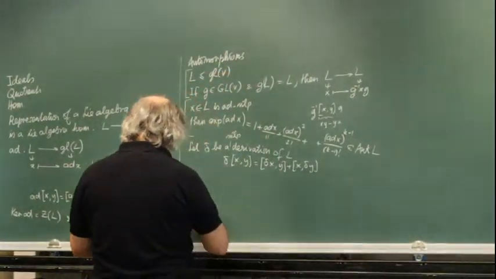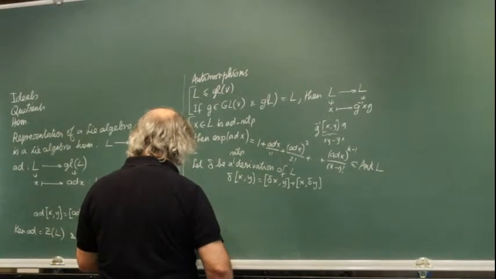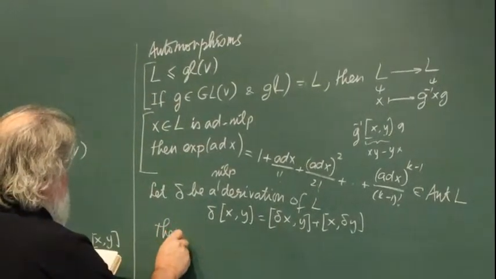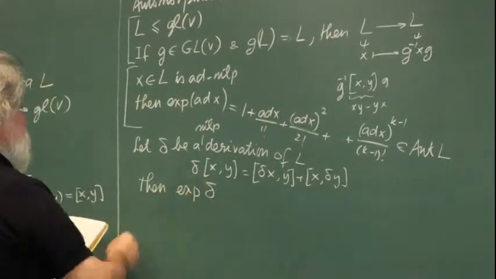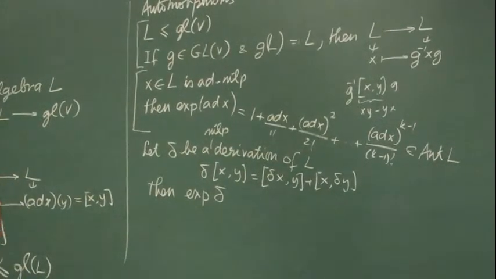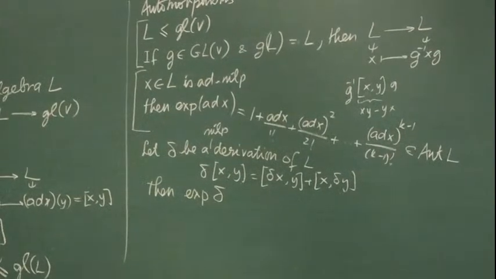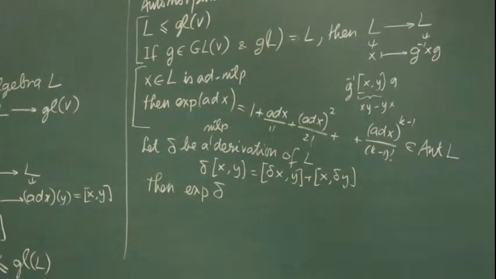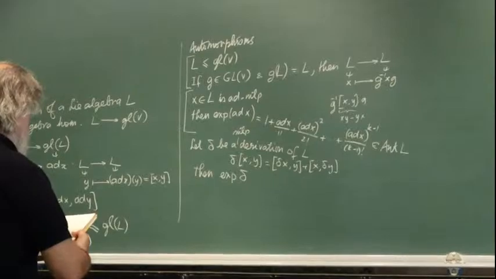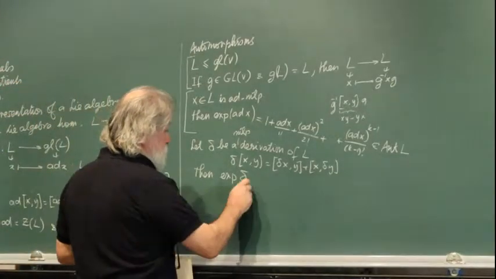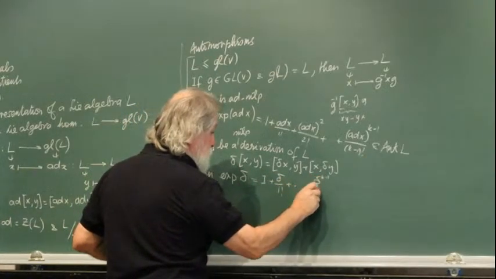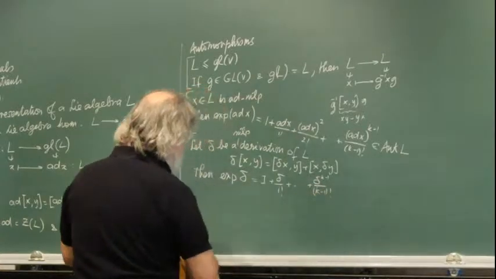Then exp delta, which is equal to identity plus delta over 1 factorial plus ... plus delta to the k minus 1 over k minus 1 factorial, is an automorphism.